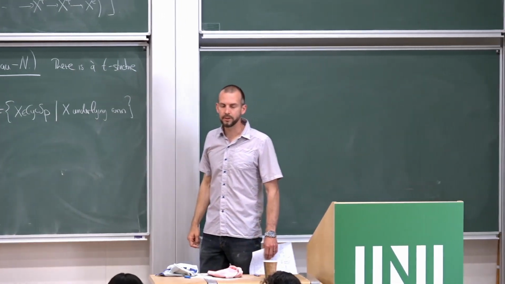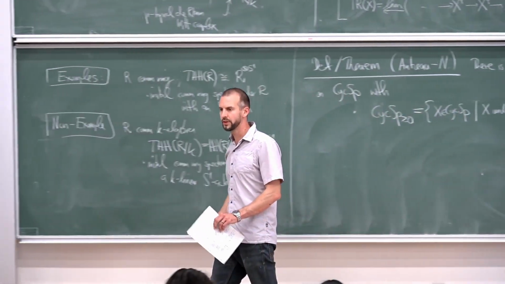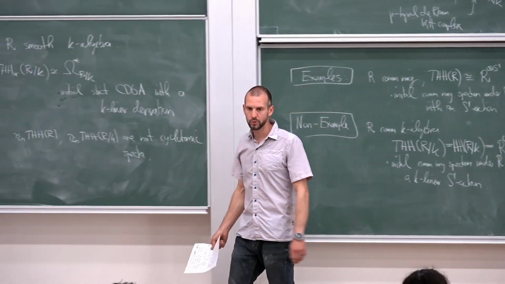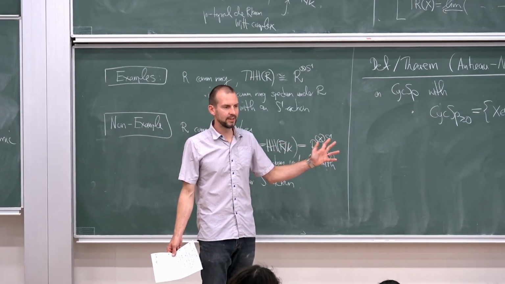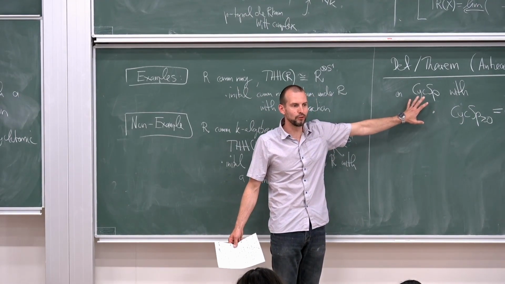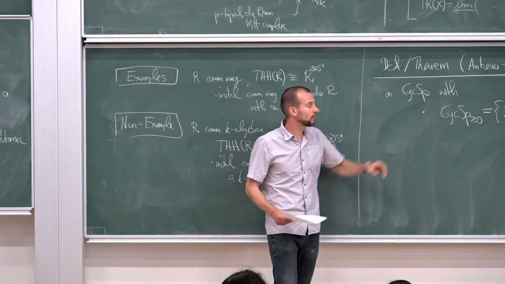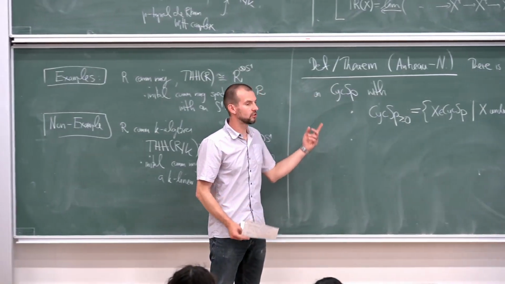So in other words, I'm declaring the forgetful functor from cyclotomic spectra to spectra to be t-exact. Anyways, it preserves the connective objects. Okay, and it's very easy to prove that there is such a t-structure.